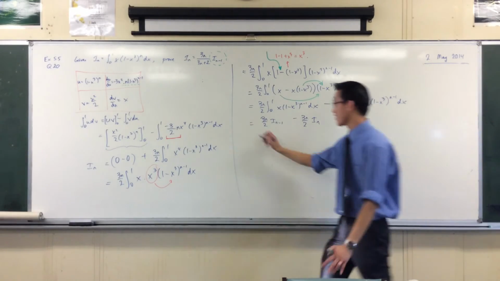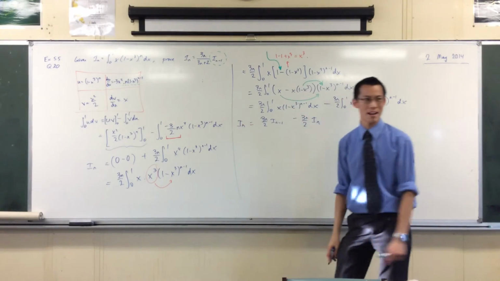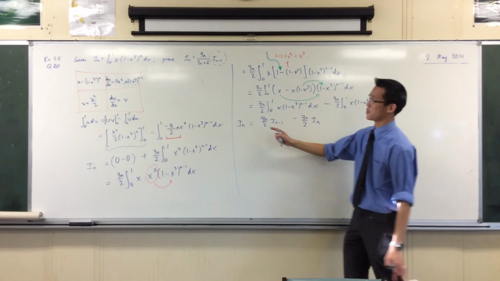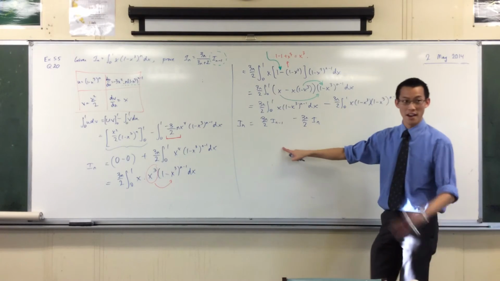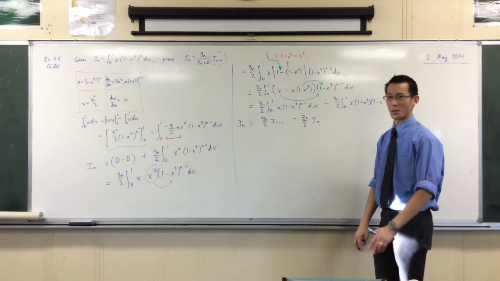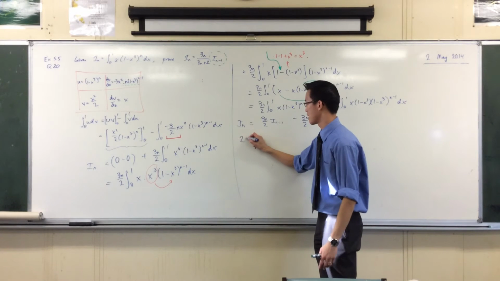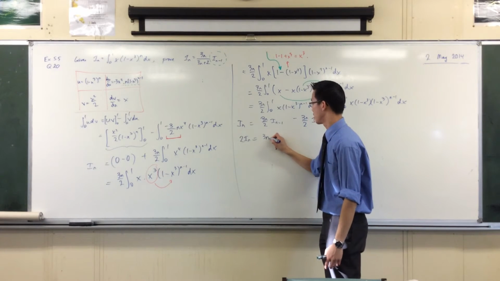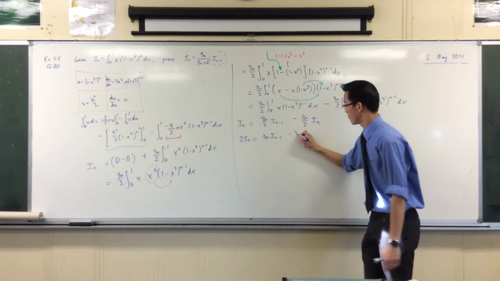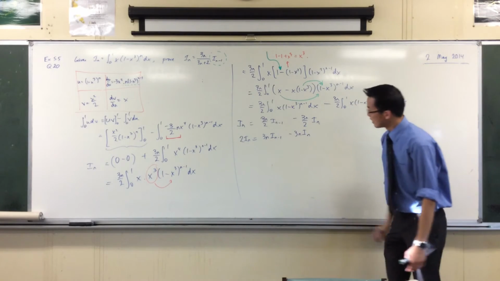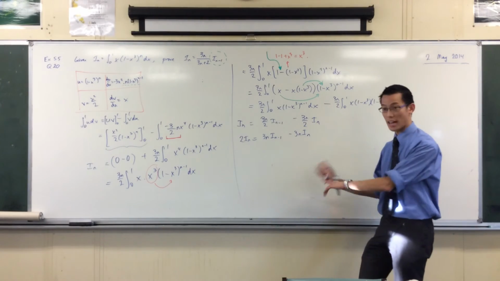This whole thing was I_n, right? And I want a relationship between I_n and I_{n-1}. I want I_n to be the subject. So I'll just rearrange a little bit, tidy up. Let's have two of these over here. Get all your I_n's on one side, so you've got to add.